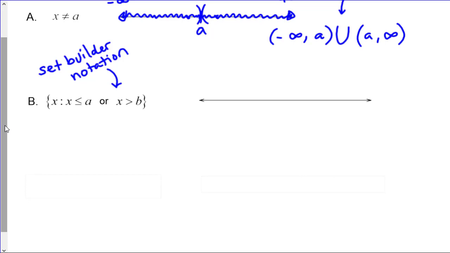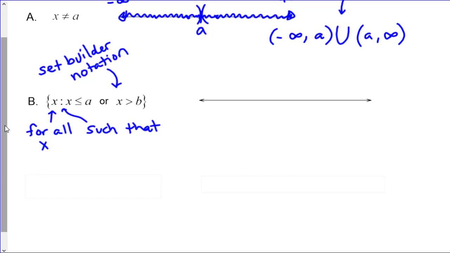The way you read this is, for all values of x, so for all x, and this colon is read such that, and then your cases are after that. I'm sorry, I think I said parentheses, force of habit in this video. The colon. After the colon, you're describing the points that are in the set.